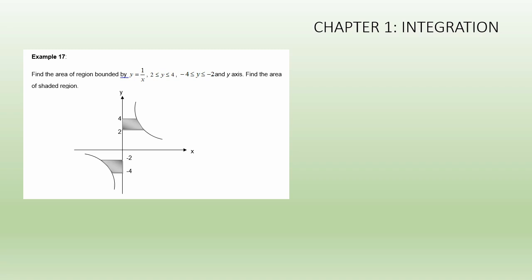From the graph, we can see that we have two different regions, which I label as region A and region B. Region A is on the right of the y-axis and region B is on the left of the y-axis.